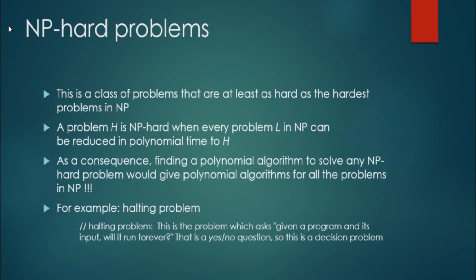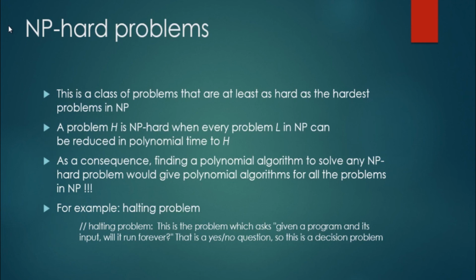NP hard problems are a class of problems that are at least as hard as the hardest problems in NP. A problem H is NP hard when every problem L in NP can be reduced in polynomial time to H. As a consequence, finding a polynomial algorithm to solve any NP hard problem would give polynomial algorithms for all the problems in NP.